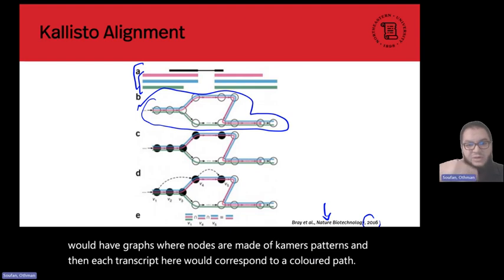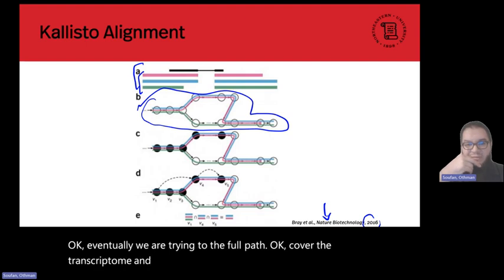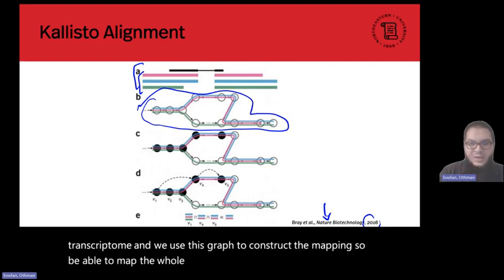Eventually, we are trying to cover the full path of the transcriptome, and we use this de Bruijn graph to construct the mapping, to be able to map the whole genome.